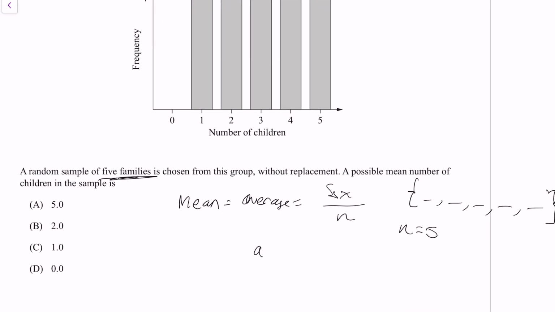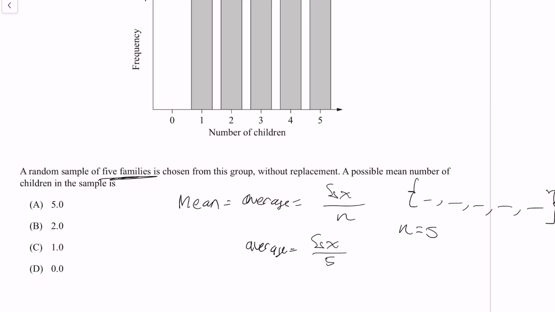So let's just substitute n for now. So we have average equals the sum of all the numbers over 5, right?